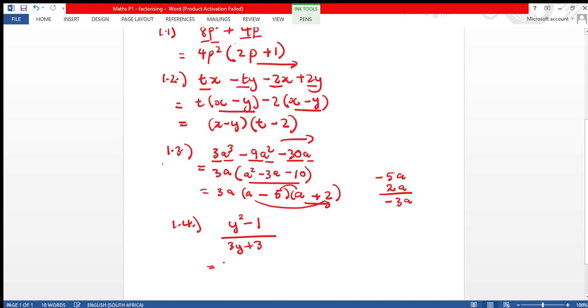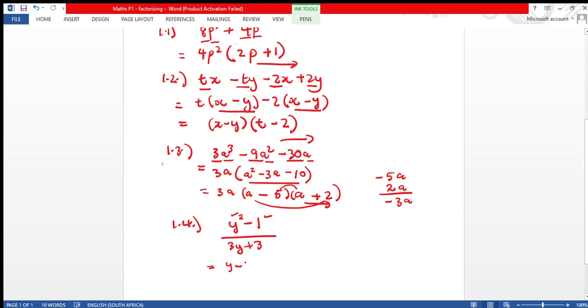By factorizing the numerator, this is called the difference of two squares. Basically, when you can get the square root of the first term and the square root of the second term, which are separated by the minus sign, that's what constitutes the difference of two squares.